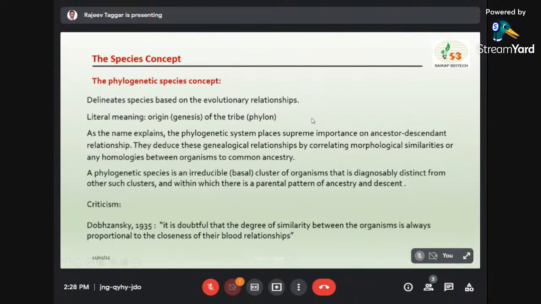And that again had problems, because within the same tribe, within the same looking population, even the genetic origin can be different. We don't know where things are coming from. From the human point of view also, we look at the Europeans, we look at the Indians, and now a lot of DNA fingerprinting is being done, like 23andMe.